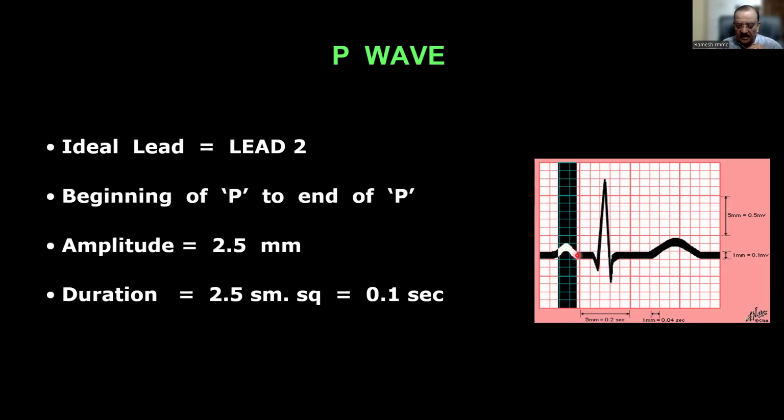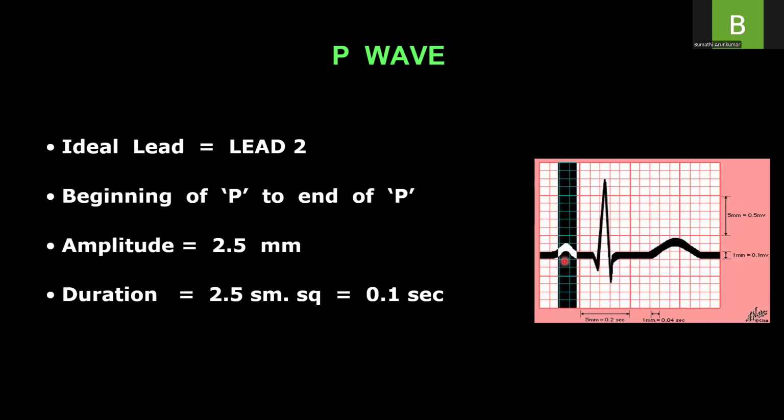Vertically, it is the amplitude, which is the height of the P wave. Horizontally, it is the duration: how long it takes for the atrium to get depolarized.